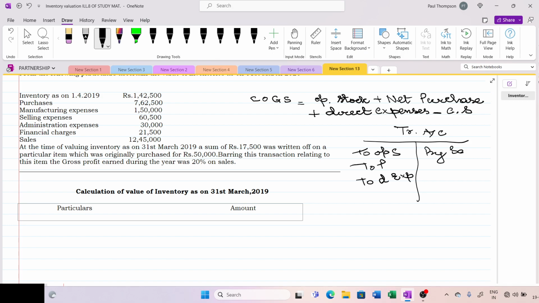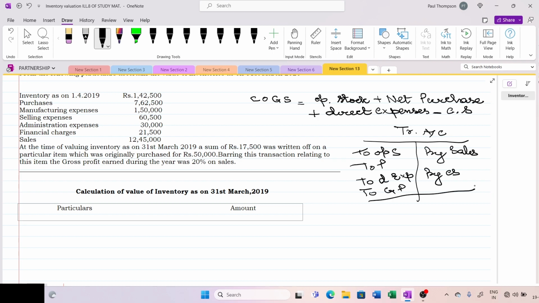Sales, this will be along with the profit. Sales means with the profit. Then we are going to record the closing stock as per conservatism, either at cost price or net realizable value or market value, whichever is lower. So you know that. So the difference here will be the gross profit.